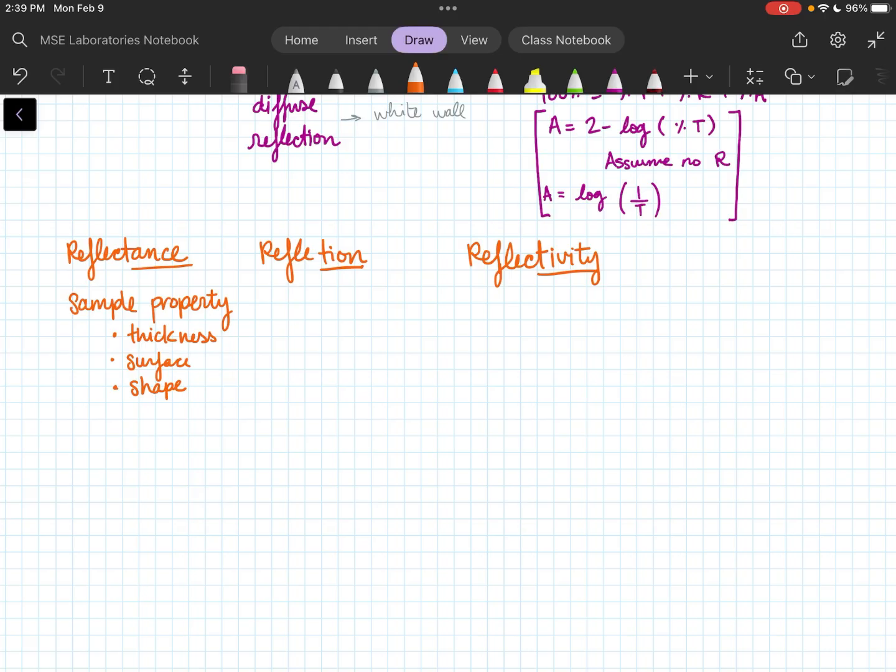So all of those kinds of things are going to affect the final result. So I would point at one leaf and I'd say, the reflectance of that leaf is this value. Then I'd point at another leaf and say, but the reflectance of this leaf is something else. These two leaves, even though they're the same material, have a different reflectance because maybe one's thicker than the other, or one's dying or whatever. It's sample dependent.